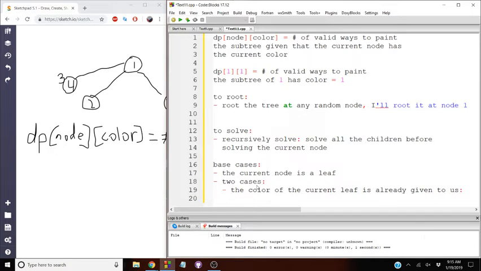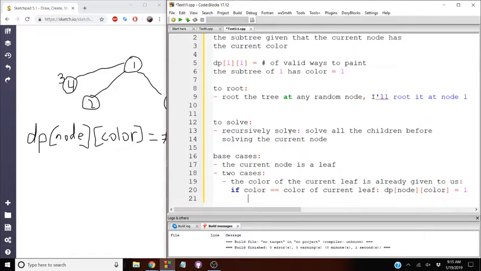And in this case, if color equals color of current leaf, that means that this is possible, then DP node color equals 1. Else, this is not possible, and DP node color equals 0, because this is not a possible option to have.